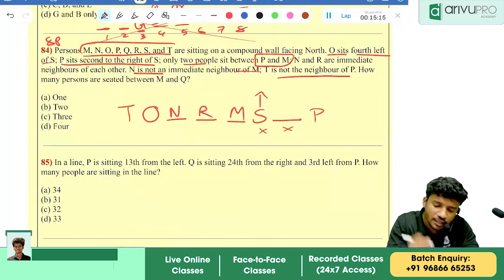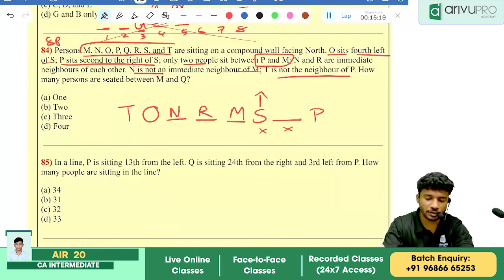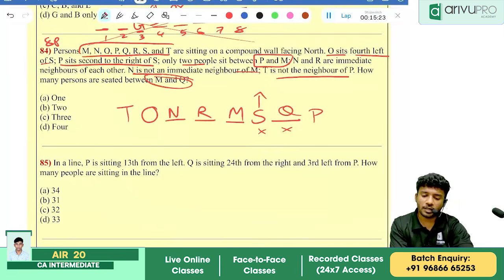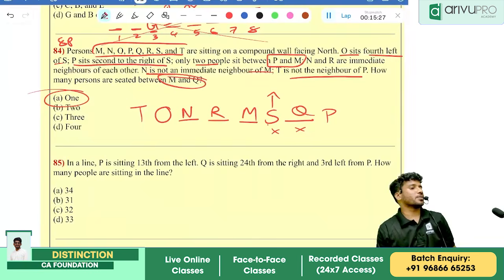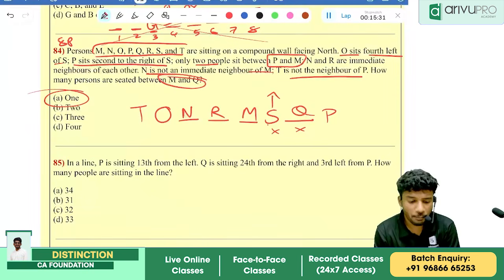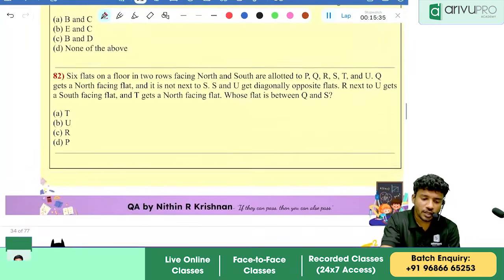T will sit next to O. Then who is remaining, people? Tell me the answer. How many people are seated between M and Q? Who is that person? Yes, it's that person. Understood the method? Is the method clear for everyone? Pakka? Next one is over here.